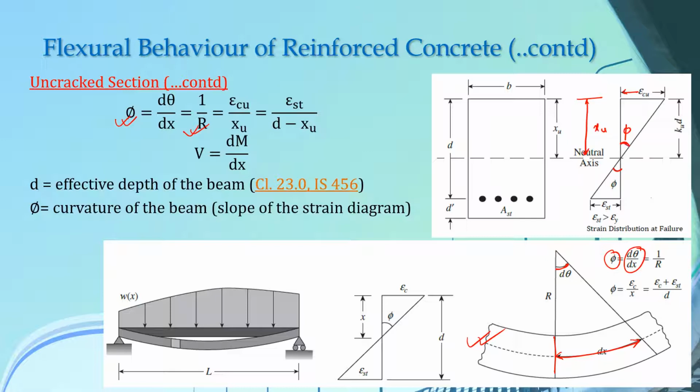Then for small angle phi, the value of phi is given by epsilon cu over xu. So in this way, different relationships can be derived for uncracked section. You can see here D is the effective depth of the beam, which is discussed in clause 23 of IS 456, and phi is the curvature of the beam, which is also the slope of the strain diagram, as we just saw in this figure here.